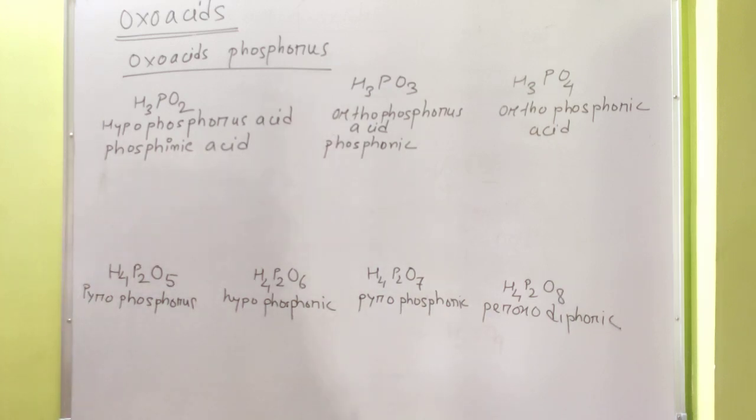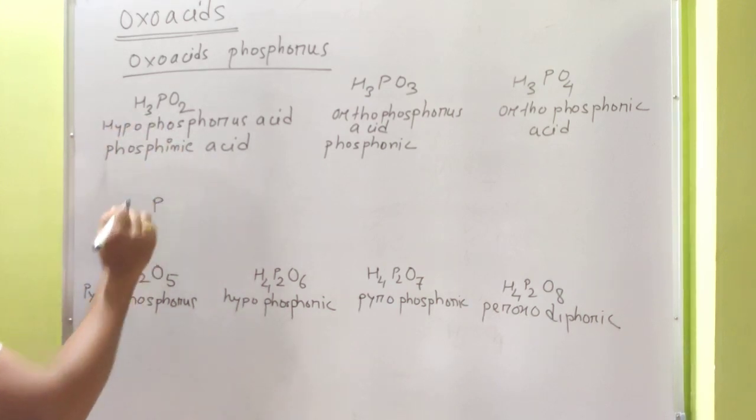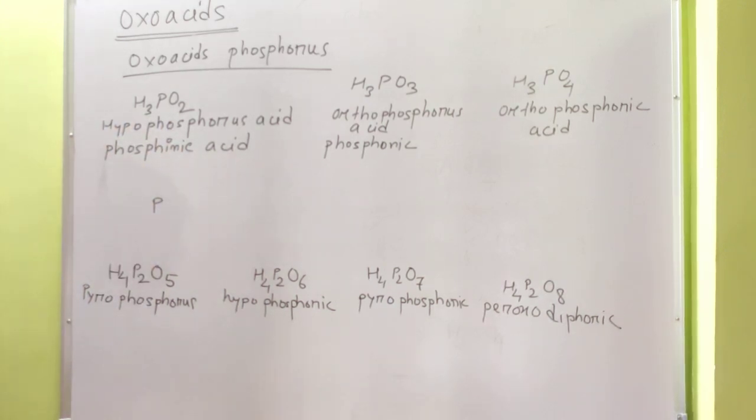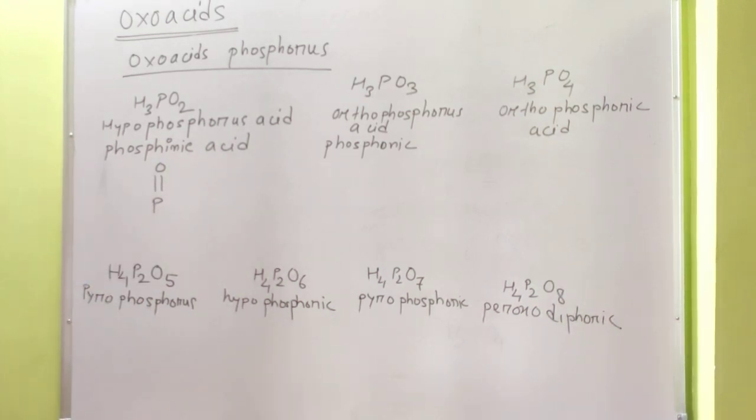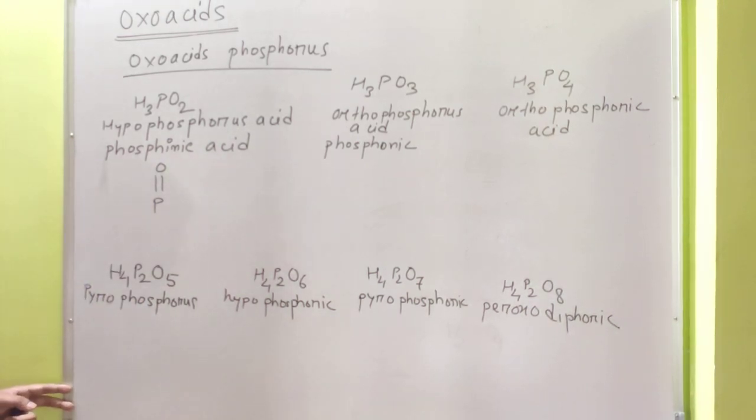Now we discuss structures of these phosphorus acids. Their structures are very simple. Okay, first we start from H3PO2. The central atom is phosphorus. First place one double bonded oxygen. And next, see how many oxygens are left.